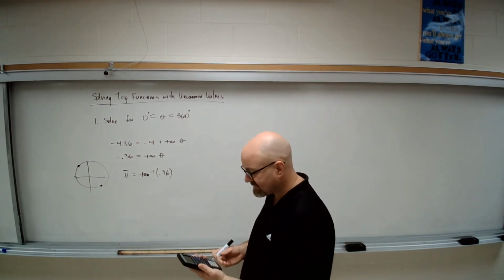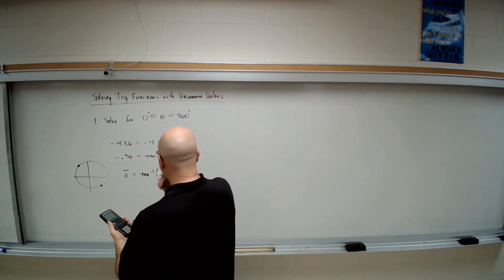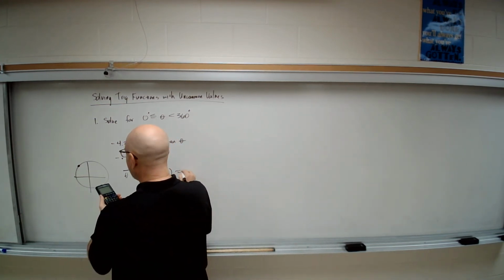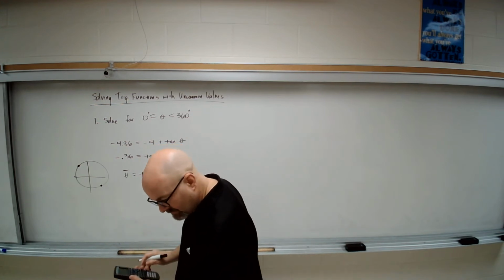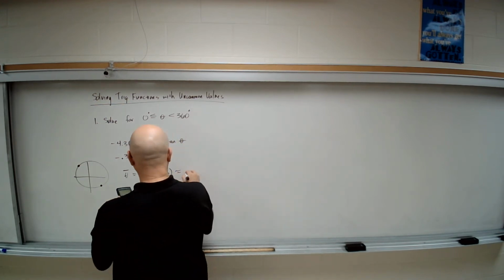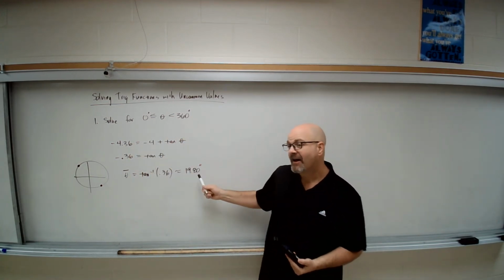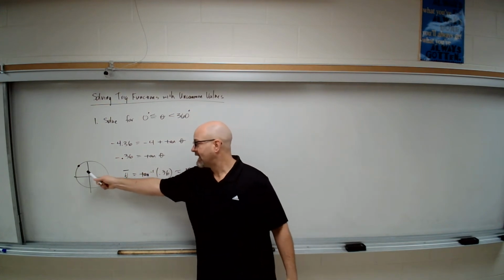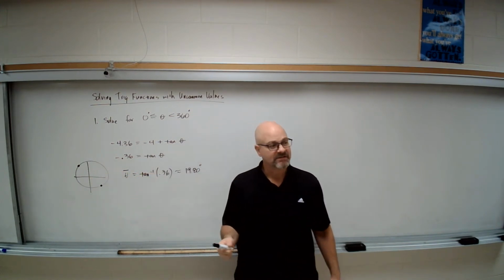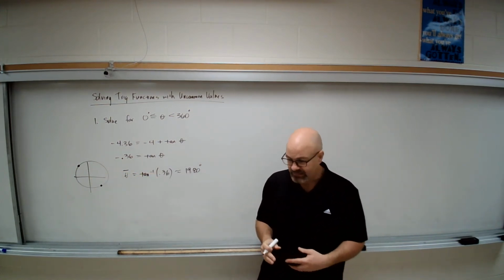Okay, so to do this, we get that this angle here, let's go ahead, I think we're asked to go to the nearest hundredth. So let's say 19.80 degrees. Now, that's not our answer, because as you look at either one of these two, those are not at a position of 19.80 degrees. Right?